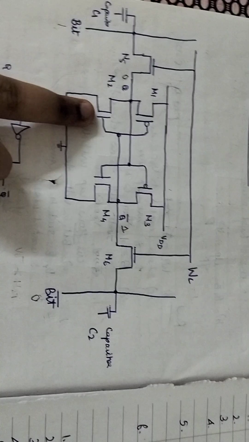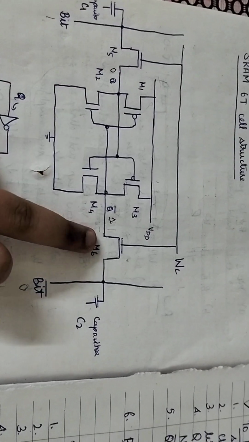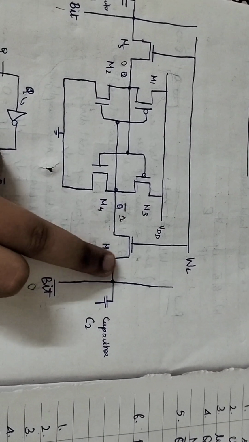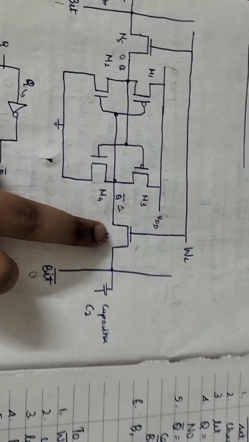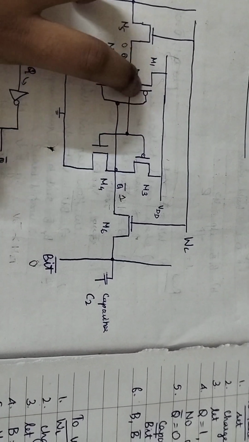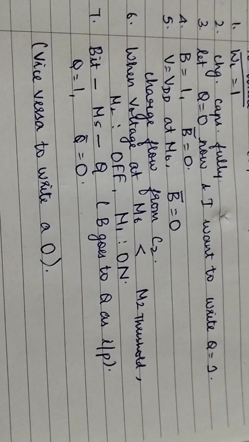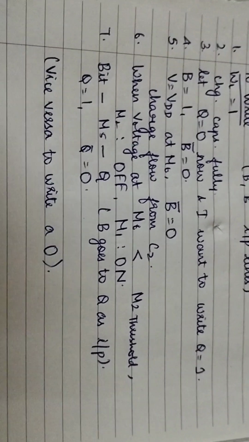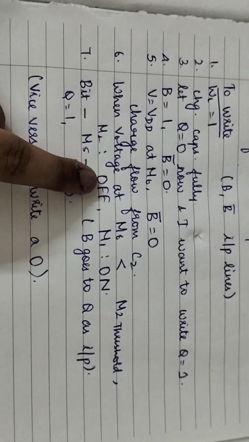So M2 has its own threshold potential, and when the voltage across M6 drops below that threshold, we say M2 is switched off and its complement M1 gets switched on. That is what is written here. When the voltage at M6 drops below the threshold of M2, M2 gets switched off and M1 gets switched on.